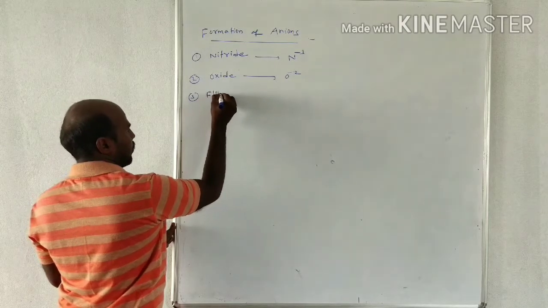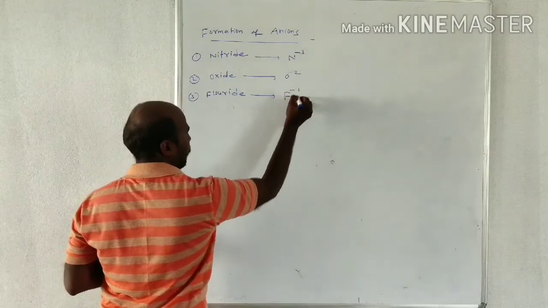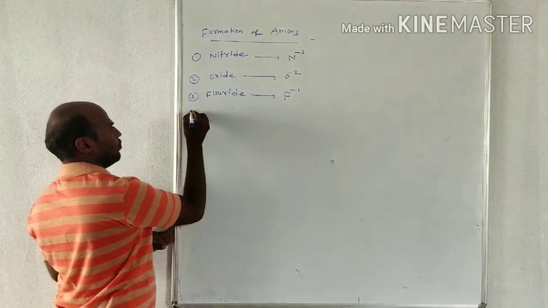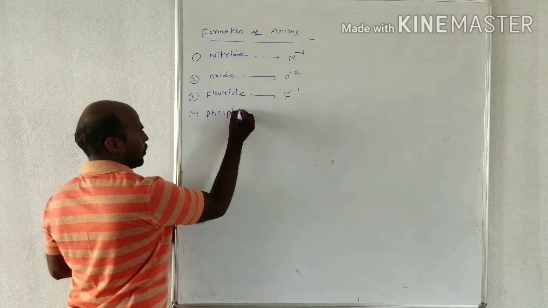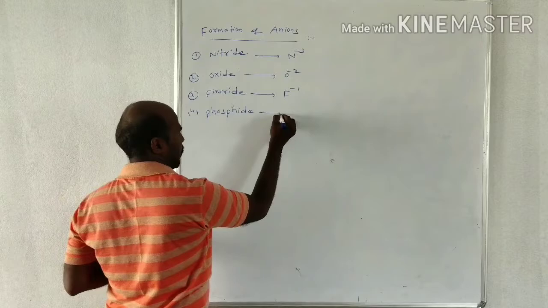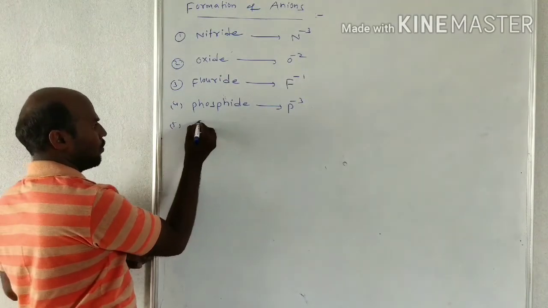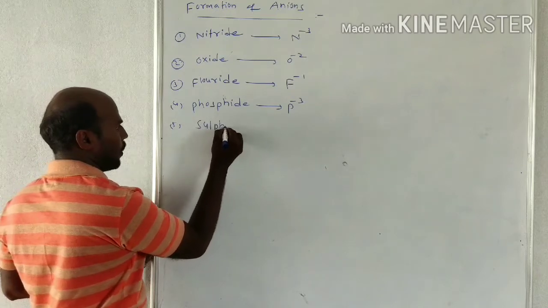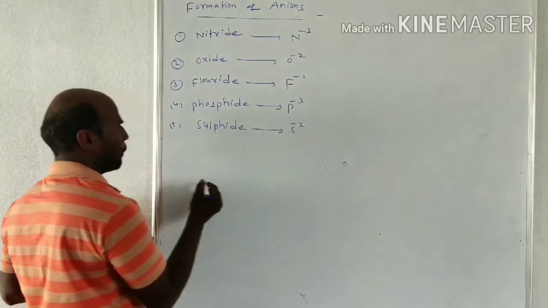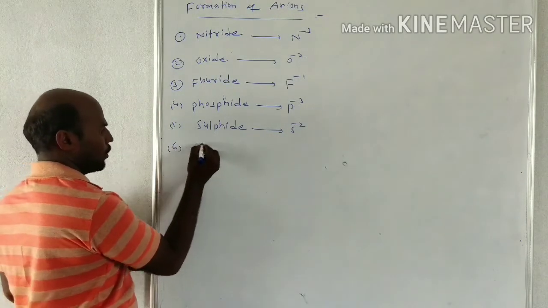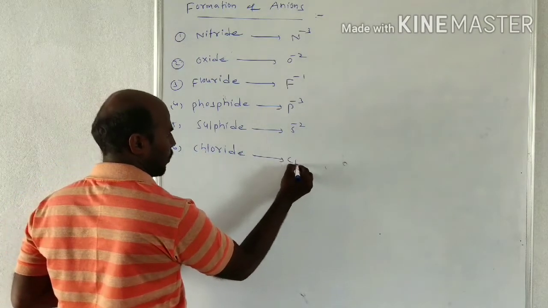Fluoride, F minus 1. Phosphide, P minus 3. Sulfide, S minus 2. Chloride, Cl minus 1.